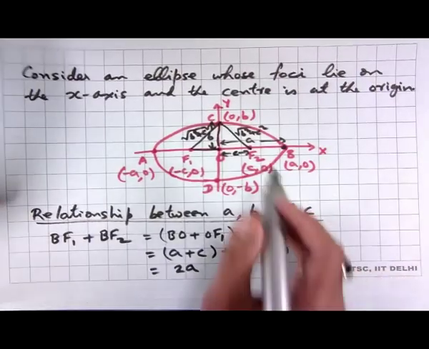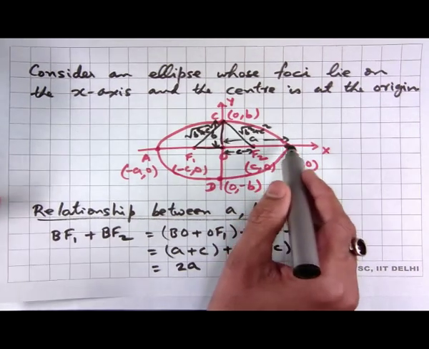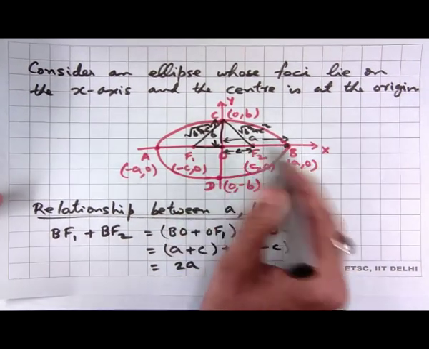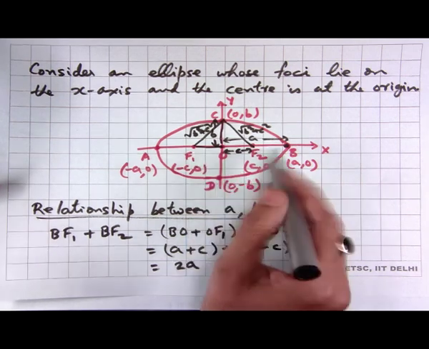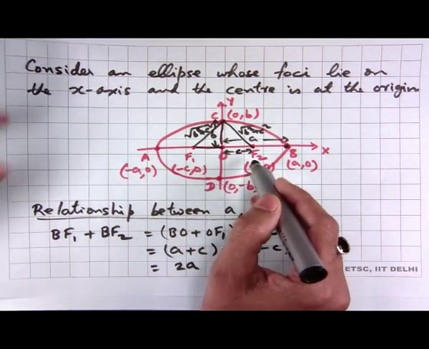The definition of an ellipse is that the sum of the distances of any point from the two foci is a constant.